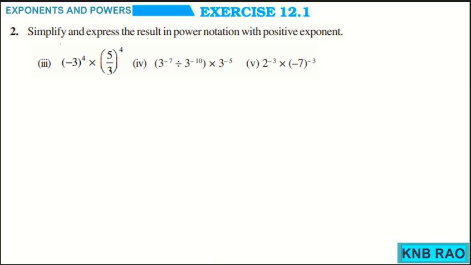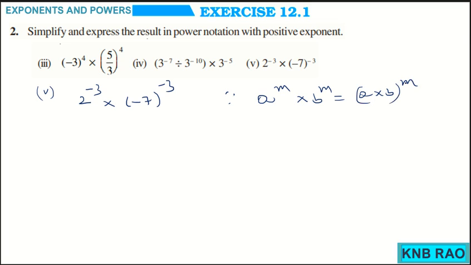So coming to question number 5. In question number 5, 2 power minus 3 multiplied with minus 7 whole power minus 3. See children, here two exponential numbers are multiplied, but not with the same base, with the same power. So with the same power, we have an identity or law of exponent, a power m into b power m, which is simplified as a into b whole power m.